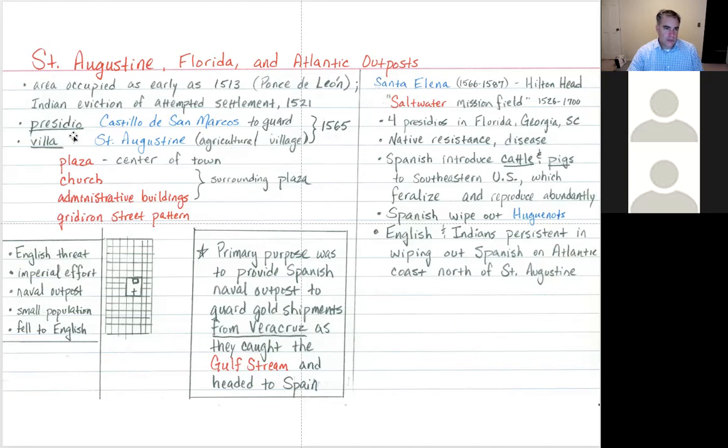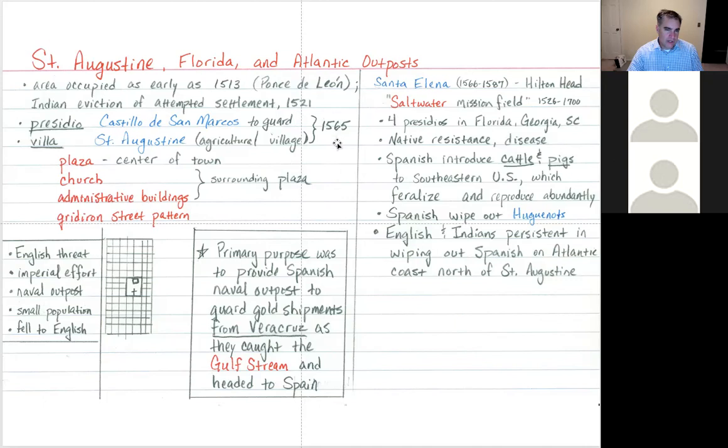And that, of course, was the village of St. Augustine, or the town of St. Augustine, which we would refer to as a villa, and the presidio that was assigned to protect that settlement was the castle of St. Marcos, or Castillo de San Marcos, and that's a surviving landscape artifact.